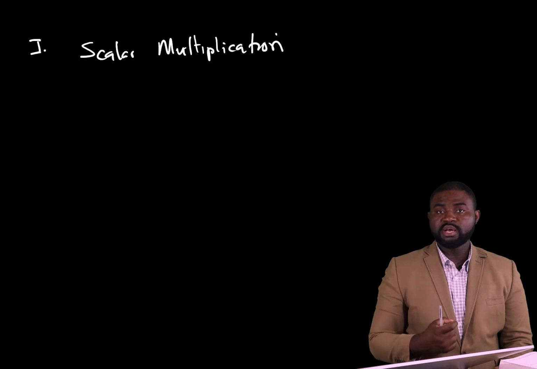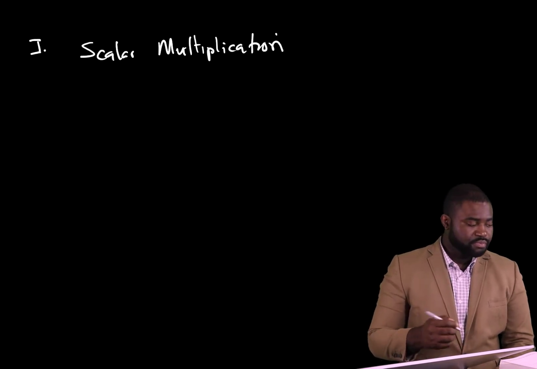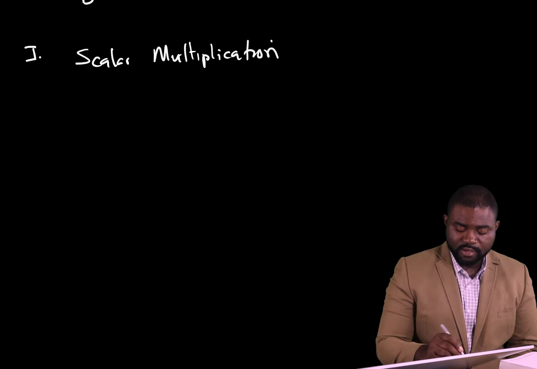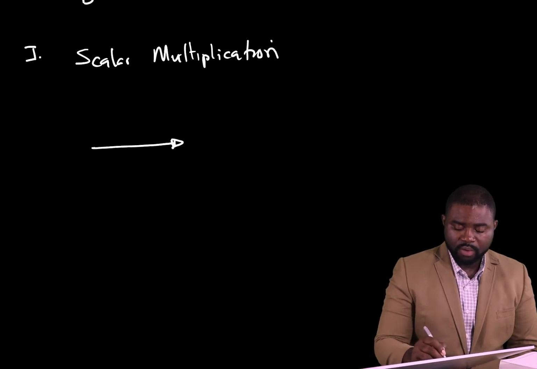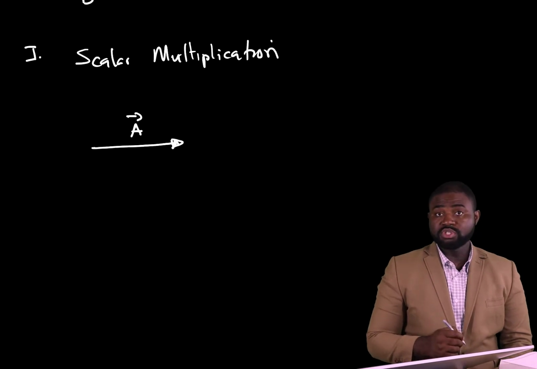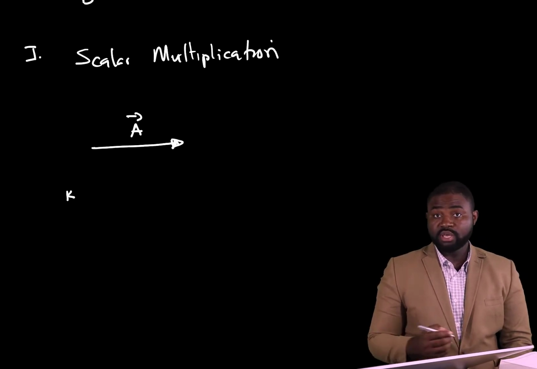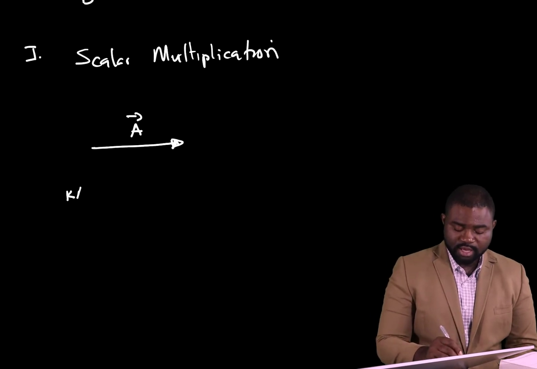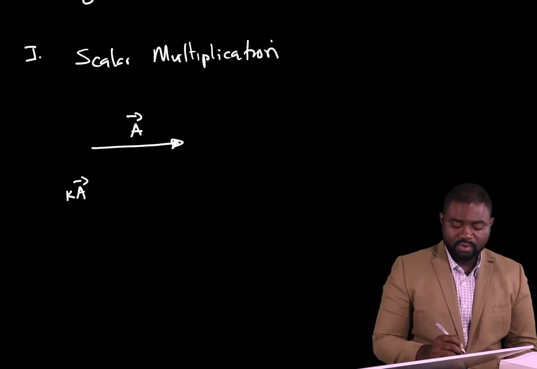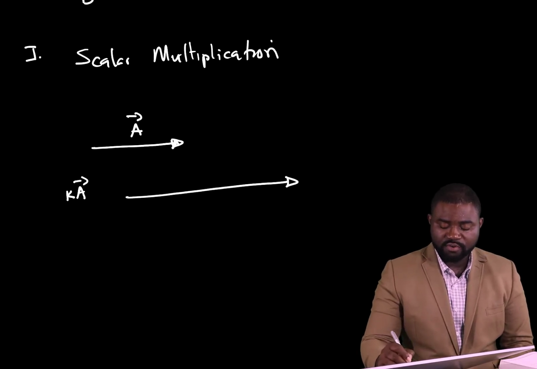When we multiply a vector by a scalar, what we get is a vector with a different magnitude. For example, if we have a vector A, and a scalar which is any number k, and we multiply A by k, we are going to get a new vector.